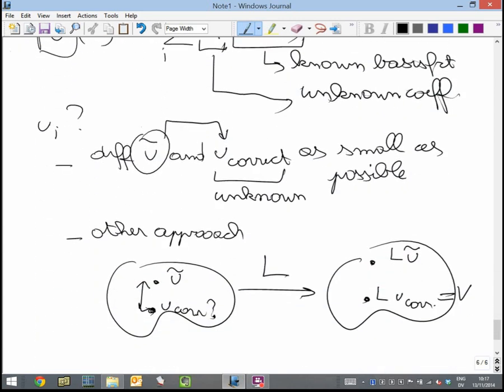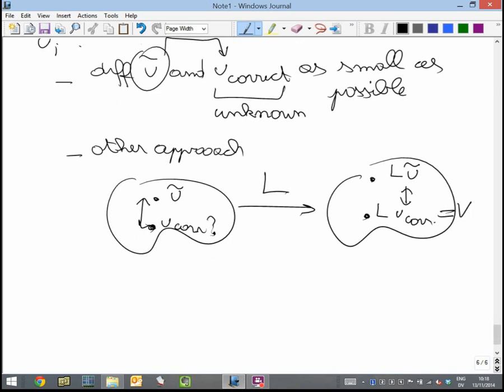We construct an approximate solution, and if we look at L operating upon that approximate solution, now we can calculate the difference between L U tilde and L U correct, which is equal to V. So now we have something which is known. Are there questions in the back? Is something not clear? Everything's clear? Great. Okay.